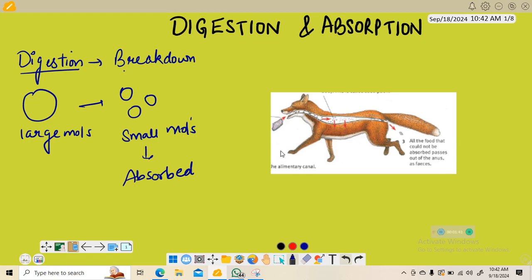Now how does digestion start? It starts from the mouth. Here we have the alimentary canal. So what is the alimentary canal? It is a long tube, 9 meters long.